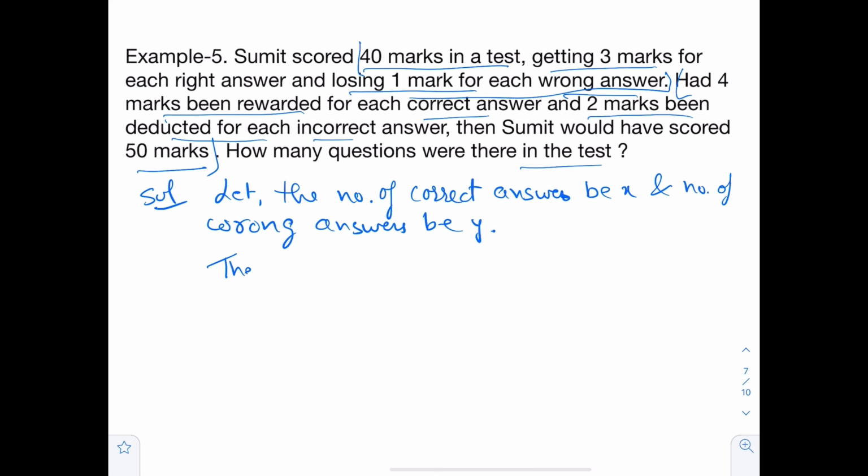Then in the first case, 3 marks for right answer, so 3x minus y, wrong के लिए 1 marks and this gives 40. So this is equation number 1.